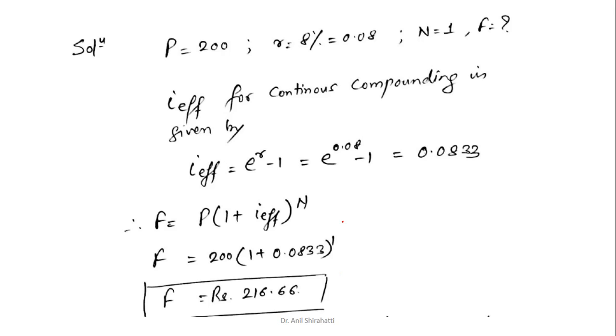First we have to find the effective interest rate using the continuous compounding formula, that is e raised to r minus 1, where r is 0.08, so I got around 8.33%. In your regular equation, that is P into 1 plus I effective raised to n, will give the future sum, and if I substitute this, I am getting an answer of 216.66 as the future amount you will get.